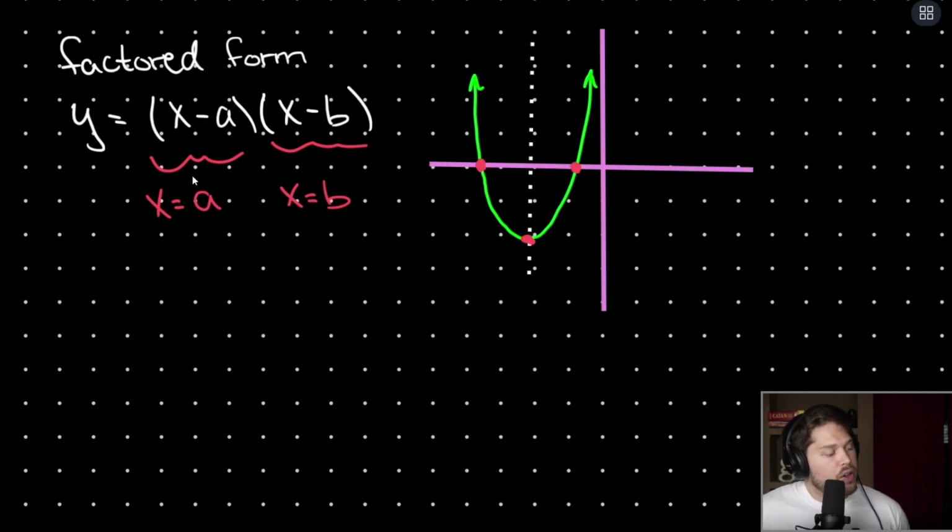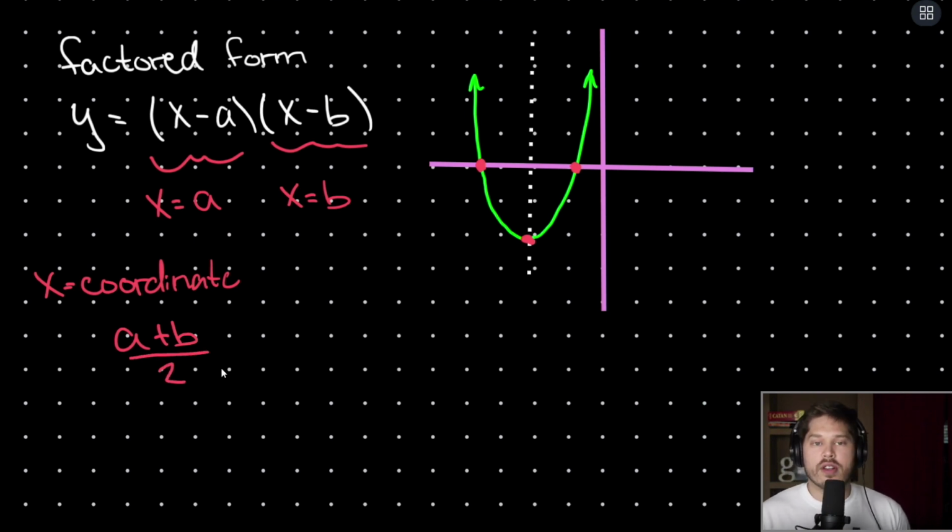So the x-coordinate for your vertex is going to be your two zeros, a plus b, divided by 2. It's going to be the average of your two. And then you can just take your x-coordinate, plug it into your equation, and find your y-coordinate.